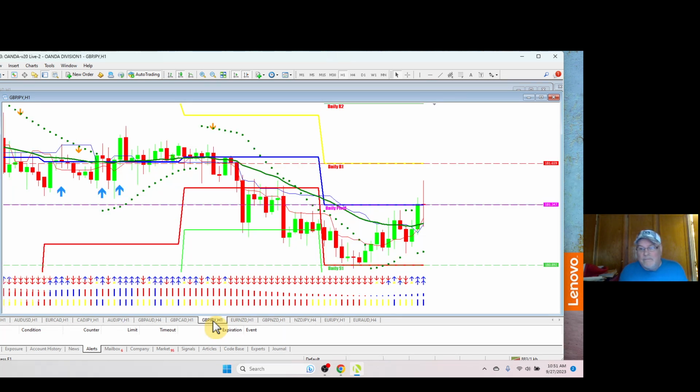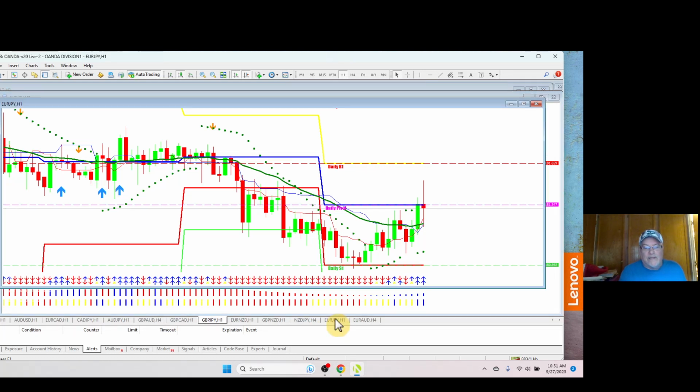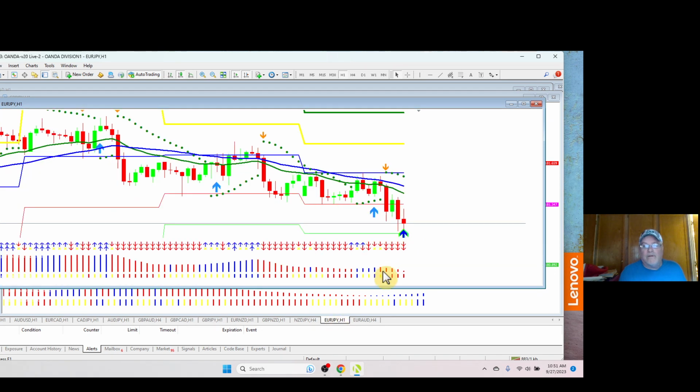Nope. But it could go sideways a little bit before it pushes up. New Zealand, that was a sell. Euro yen is not a buy yet, I don't believe. Nope, same thing. See, it's got 9 minutes. Nothing to do.